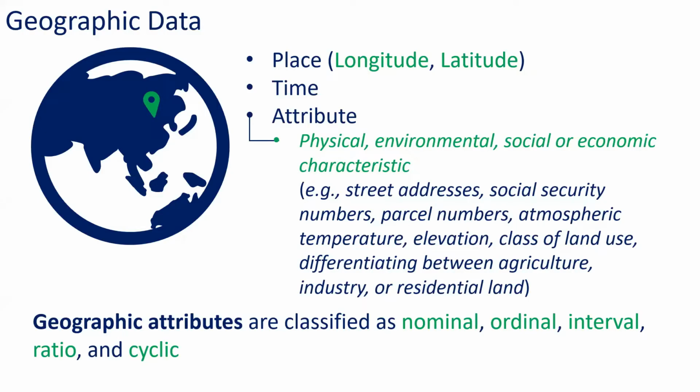So geographic data, we can look at in three aspects. The first one is obviously a place. So it has a longitude and a latitude. If you think about location data, you have a longitude and a latitude. That's a coordinate.